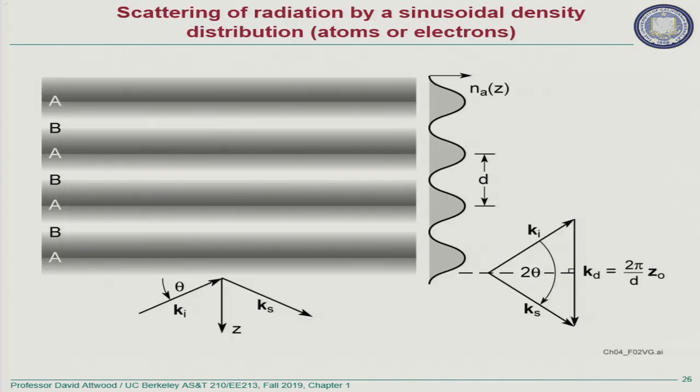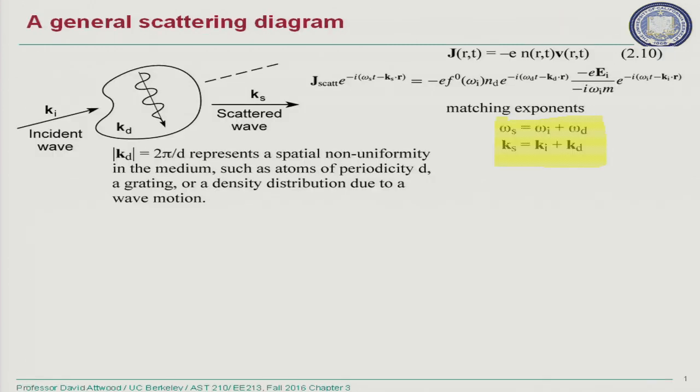So now talking about scattering. This is showing us that if we have a sinusoidal distribution of atomic density, these two wave vectors form an angle. This is working through the math.